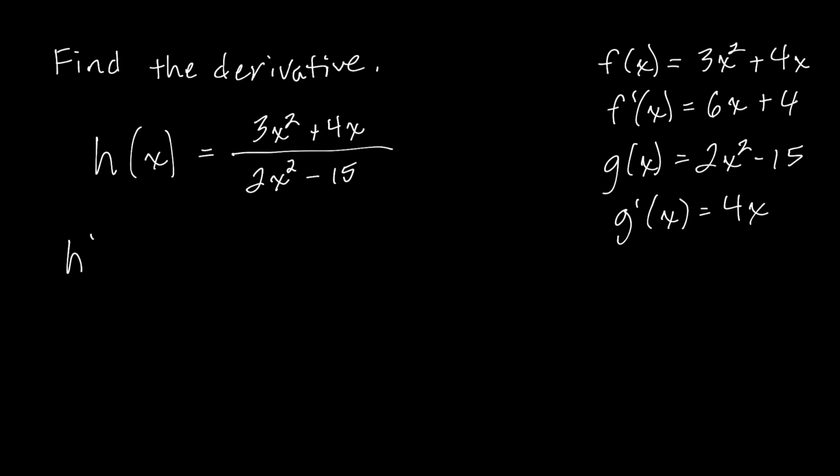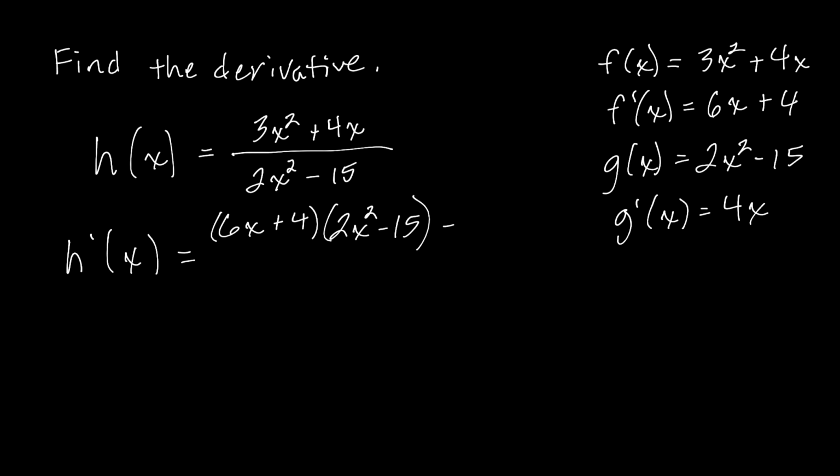I know that h prime of x is going to be the derivative of the numerator. So that is this, 6x plus 4. So let's put that in there, 6x plus 4. And I do need parentheses around that because it's going to get multiplied by the g of x from the denominator, which is 2x squared minus 15. So let's write that in, 2x squared minus 15.